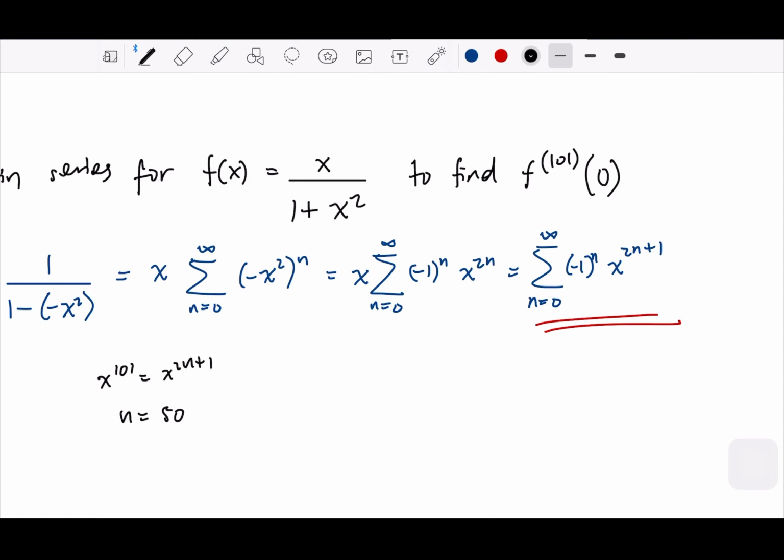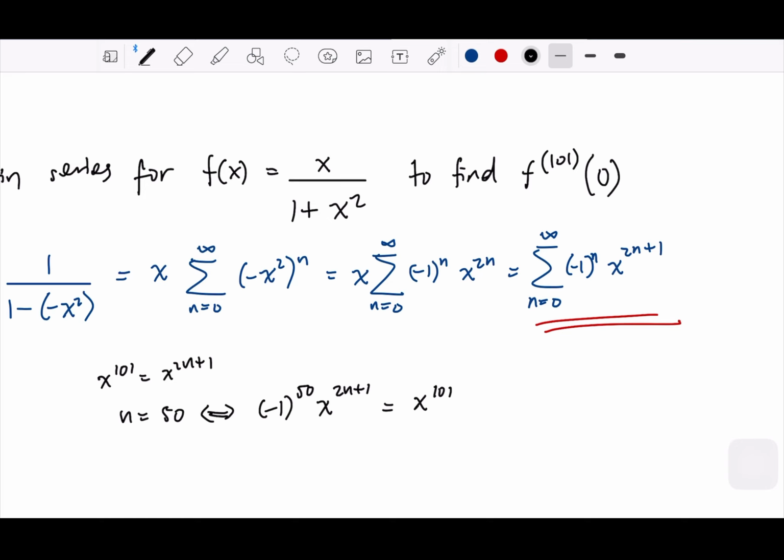So when n is 50, we will have negative 1 to the 50 times x to the 2n plus 1. Since it's an even number, negative 1 to the 50 is positive, so this is just x to the 101, and the coefficient is just 1.